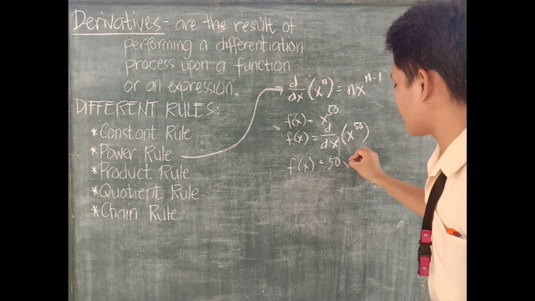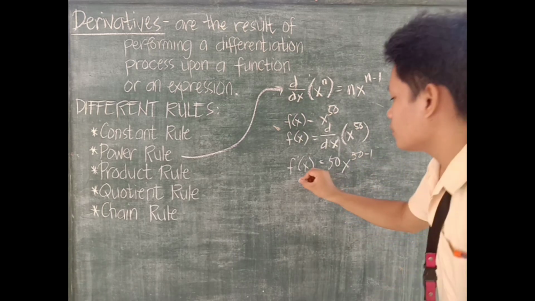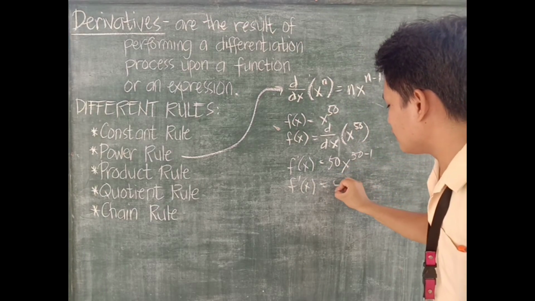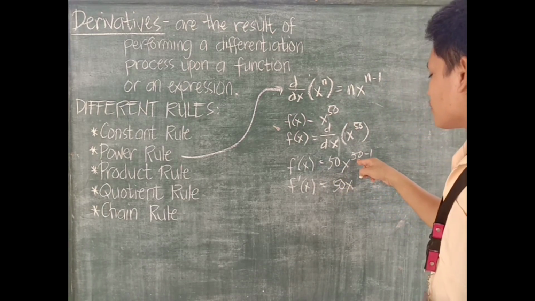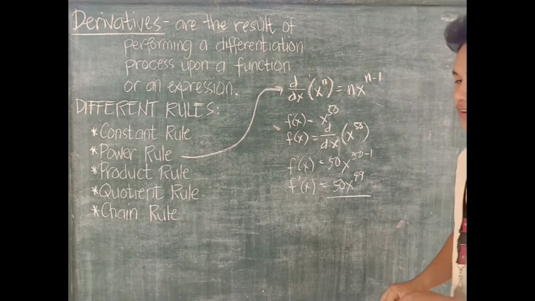Remain the variable x, then 50 minus 1. So we have here the result, 50 minus 1 is equal to 49. So this is the derivative.